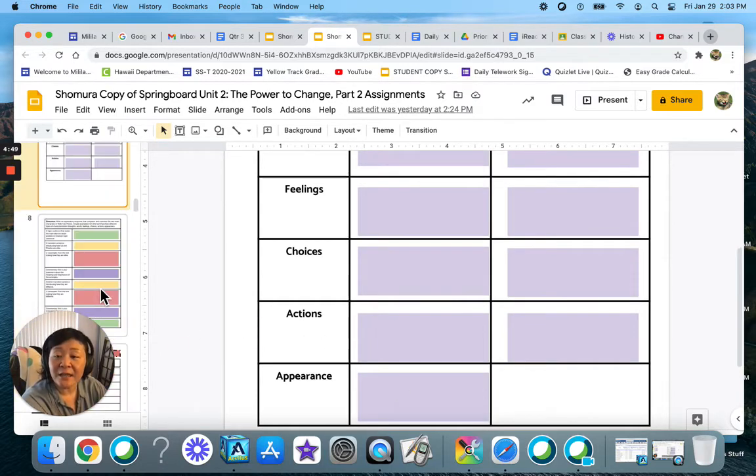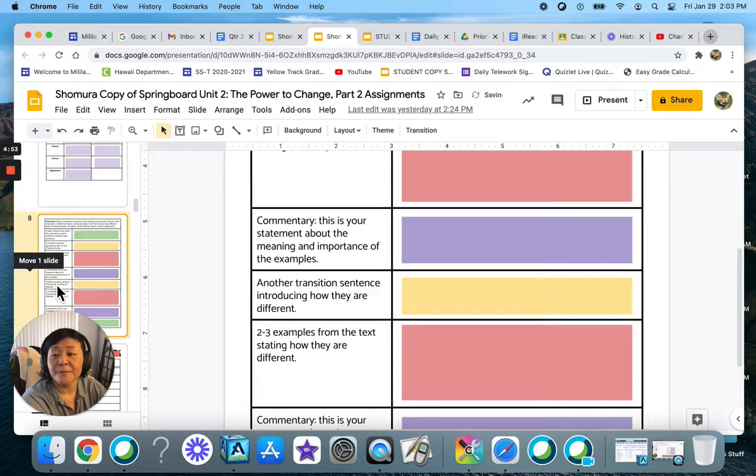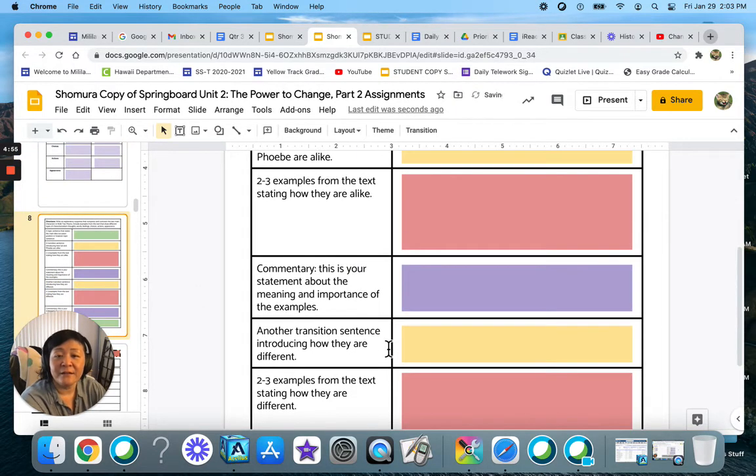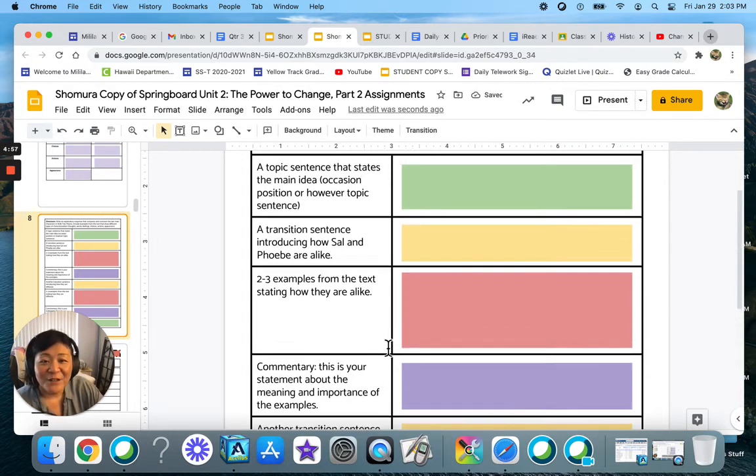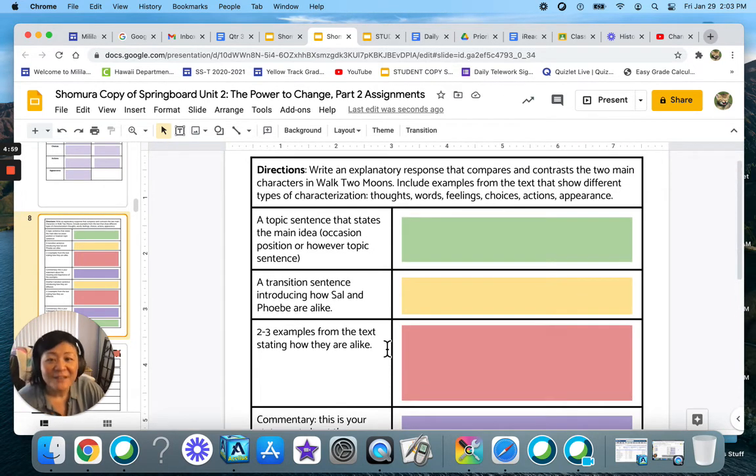The last slide you are going to do is slide 8. And slide 8, remember, it's Step Up to Writing. So the directions say write an explanatory response that compares and contrasts the two main characters in Walk Two Moons.